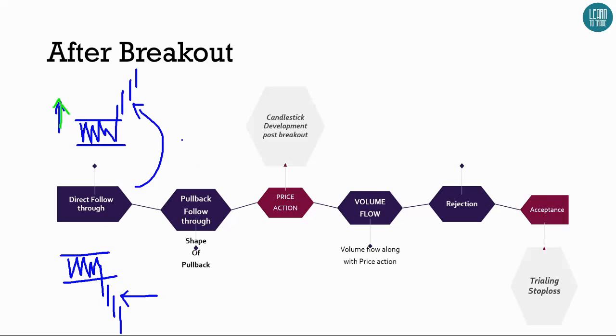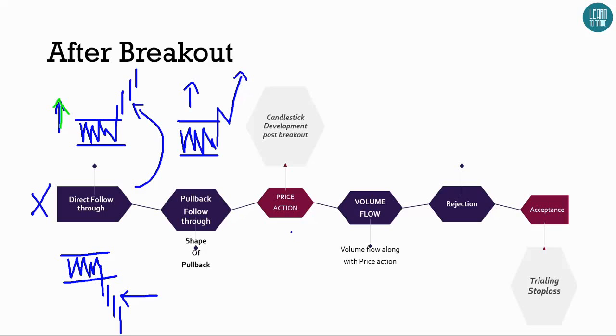Second, if we are not getting a direct follow through, next we need to look at a pullback follow through. That is very simple. Once price is in a sideways mode and makes a breakout, we will get a small pullback and then price gives us a follow through again in the same direction. This is called pullback follow through.